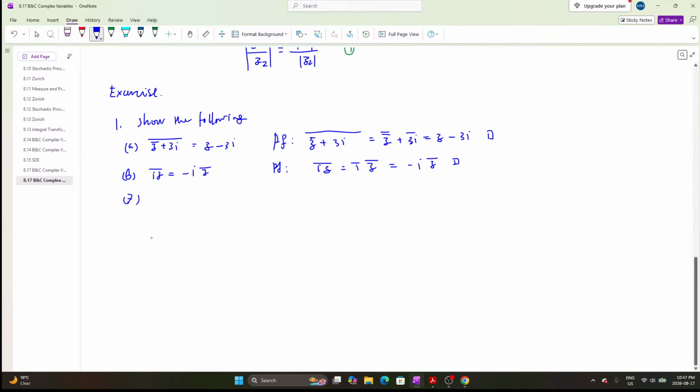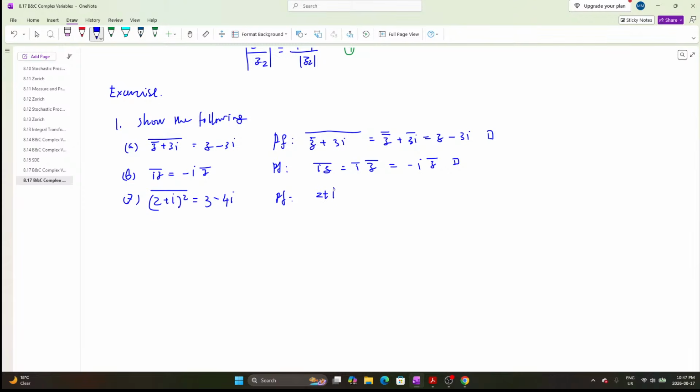Part C: you have 2 plus i quantity squared, taking the conjugate, equals 3 minus 4i. Proof. You can do it in different ways. To use a property, you might as well break the conjugate first and then multiply.